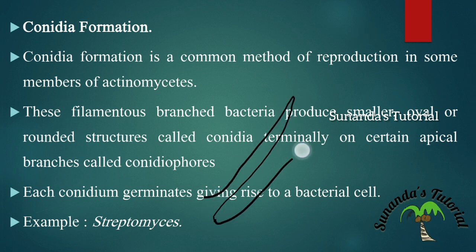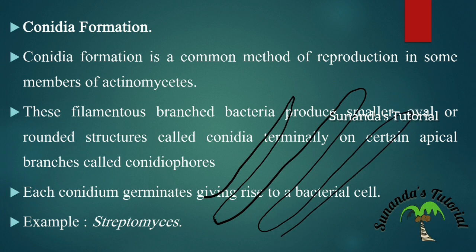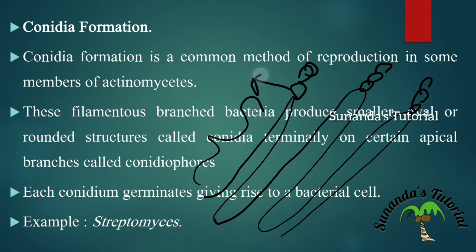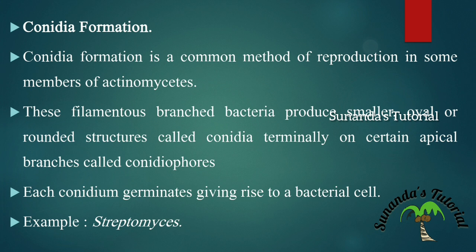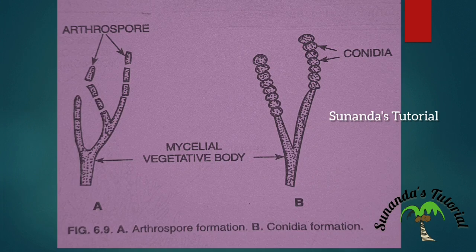So these are filaments, and on the terminal part of the filament they produce conidia on a special branch called the conidiophore. And these conidia, after detachment, grow as a new filament. Next, this is the structure of arthrospore and conidia.